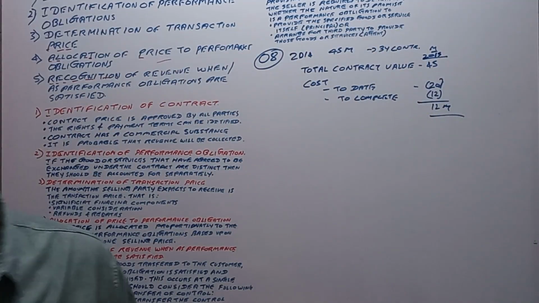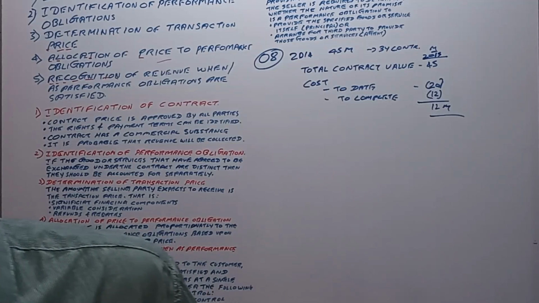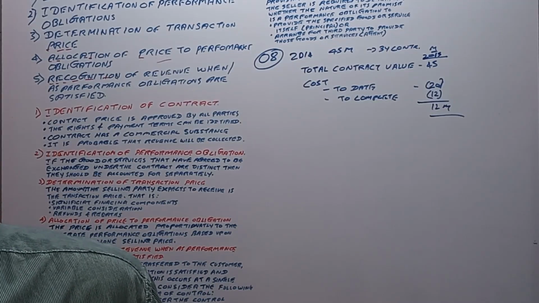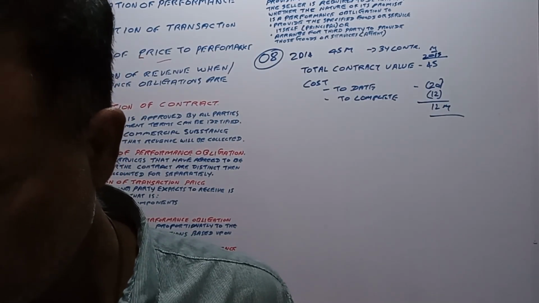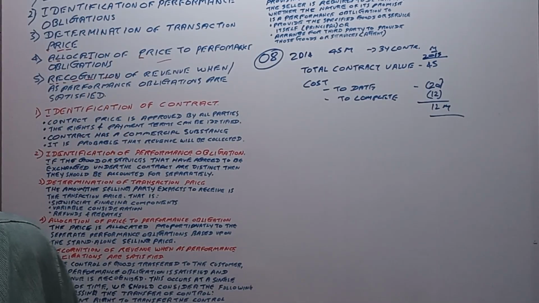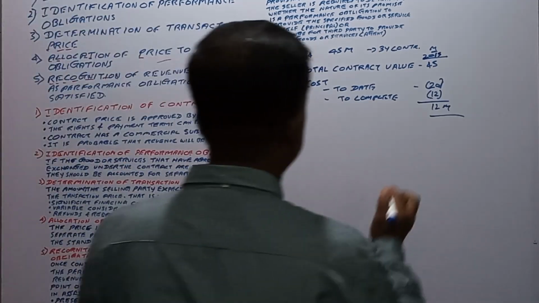The stage of completion is 70%, so recognized profit is based upon 70%. So 70% of 13 million, based on stage of completion, right?